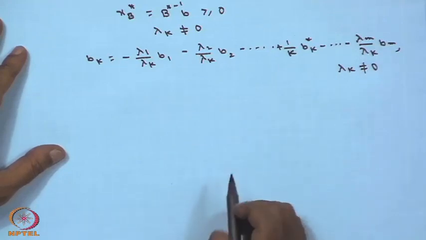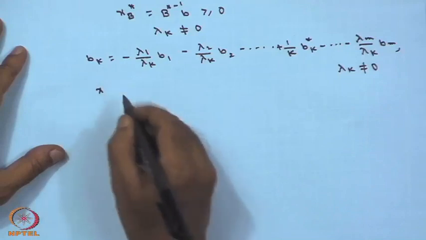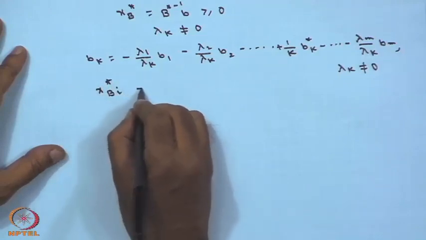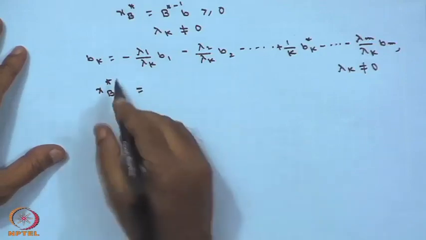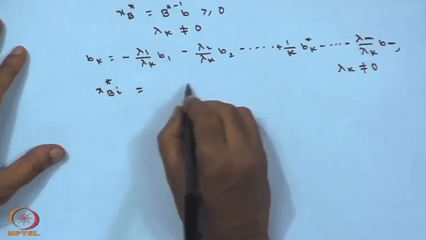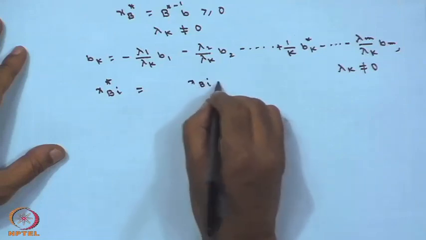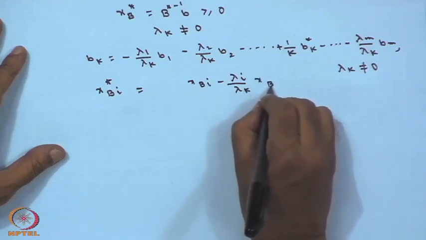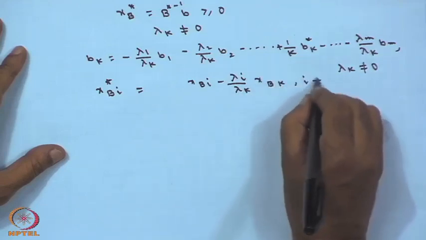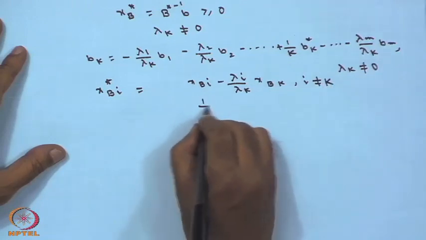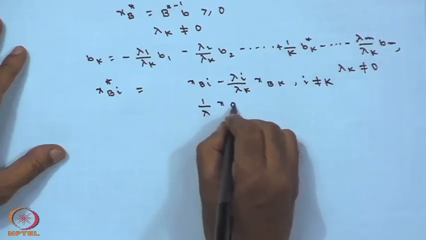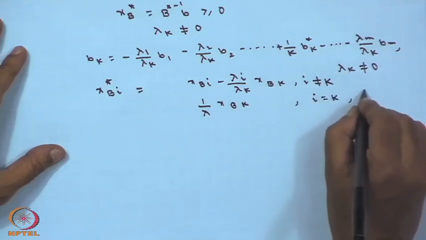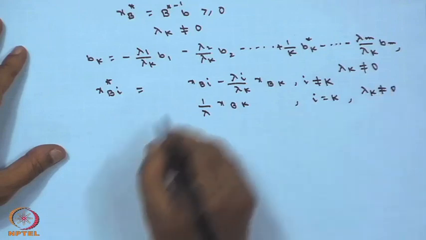So, from here you can write down your x b i star, once I know the value of b k. There will be two things: one will be x b i minus lambda i by lambda k into x b k whenever i is not equal to k, and 1 by lambda k into x b k whenever i is equal to k, and obviously lambda k is not equal to 0.